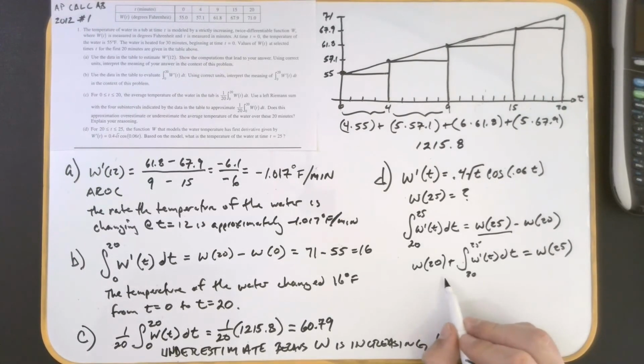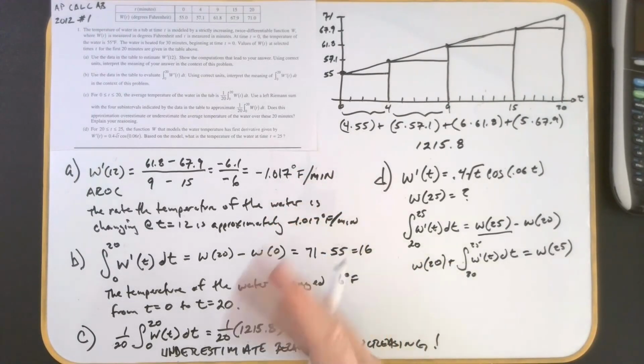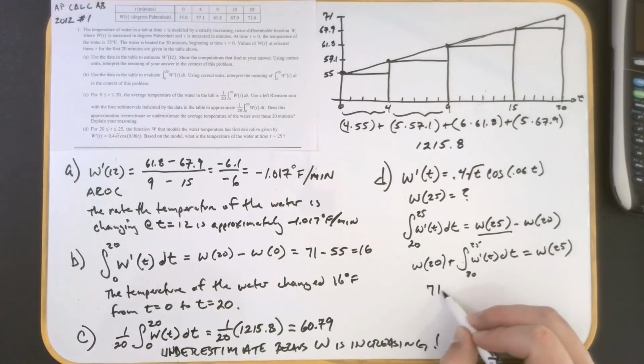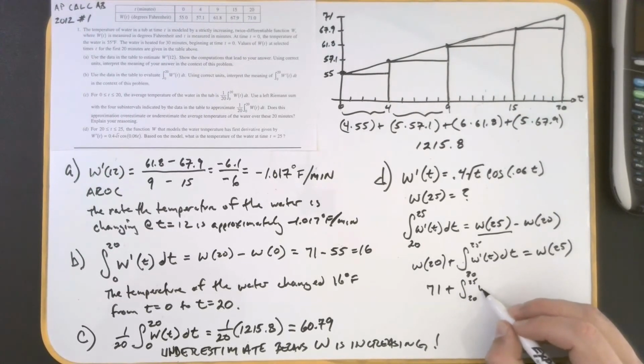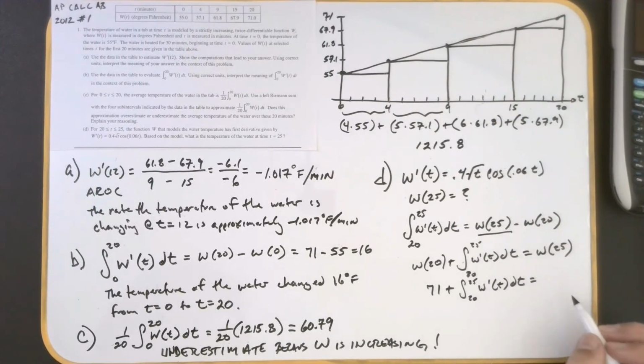W of 20 is how warm the water was at the 20th minute, which was the end of parts A through C, and according to the table was 71. So that part is 71 plus, and now it's calculator work. You have to integrate from 20 to 25 of W prime of t dt. And that's going to give us W of 25.